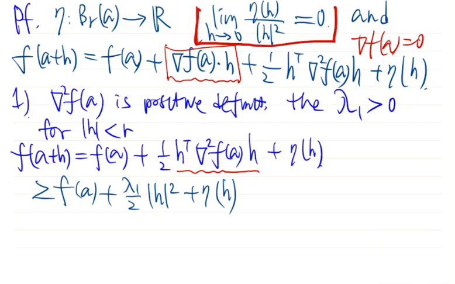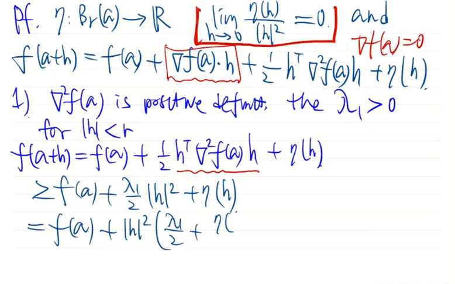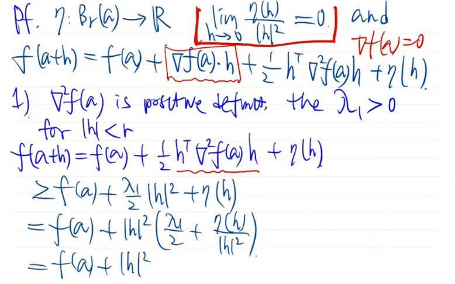Therefore, we continue: f(A+h) minus f(A) is at least the norm of h squared times (half of lambda 1 plus eta(h) over the norm squared). These two terms we denote by phi(h), a new function of h.